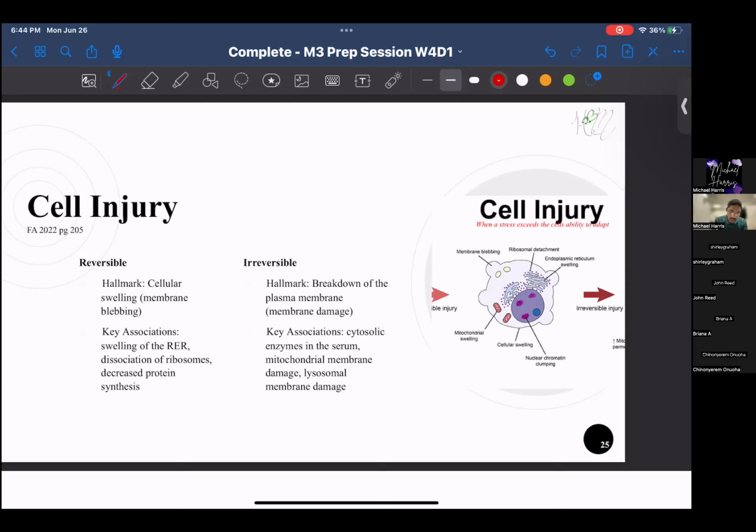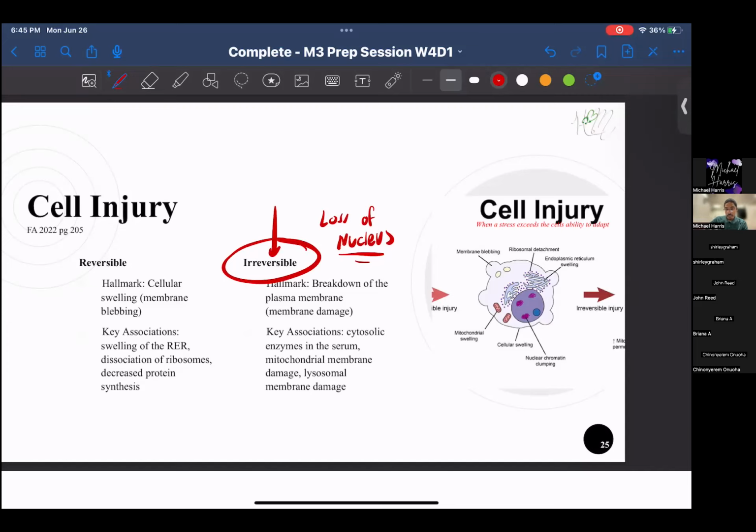Now, this is because they reach this point of irreversible cellular injury. Okay? The big hallmark for irreversible cellular injury is a loss of the nucleus. If you have loss of a nucleus, you are 100% undergone apoptosis or necrosis, but cell death.